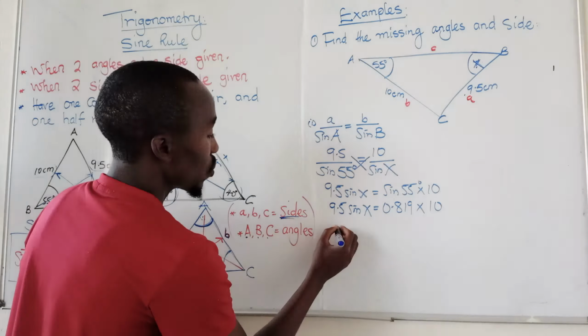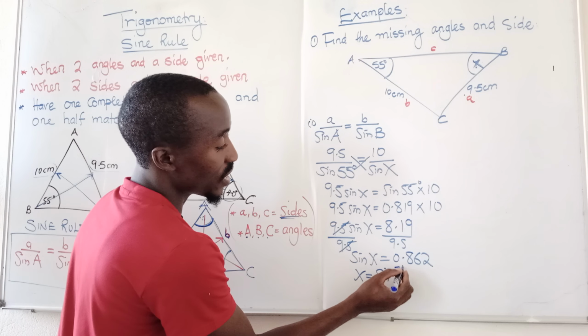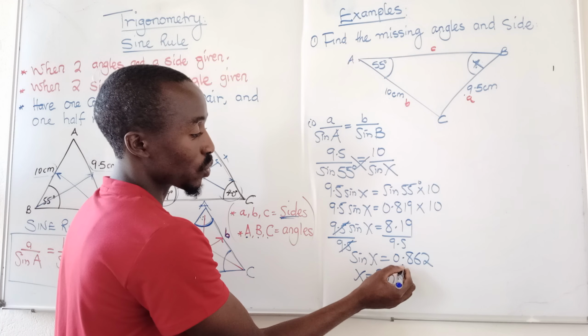Now, since you are finding the angle, this sine crosses the equal sign and comes to the other side, so we remain with X equals. When the sine crosses the equal sign, it becomes the inverse sine, sine to the power of minus 1.